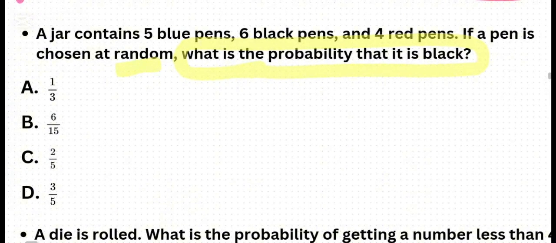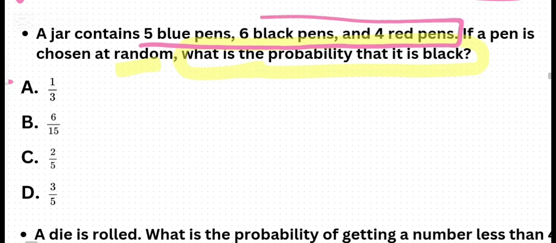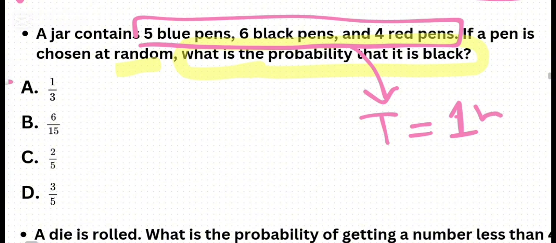So option A is 1 by 3, option B 6 by 15, option C 2 by 5, option D 3 by 5. So if you see in the question, the total pens are 5 blue pens, 6 black pens and 4 red pens. If you add this, you will get 5 plus 6 plus 4 is equal to 15, right?